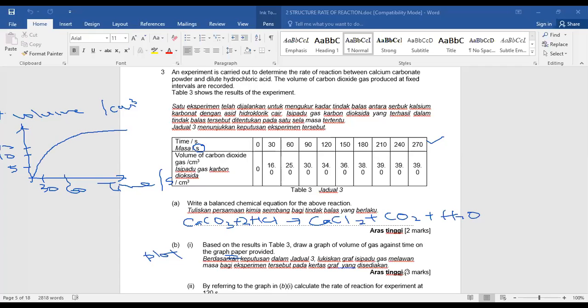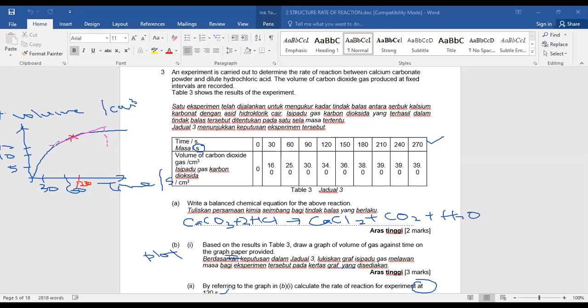Now they want you, by referring to the graph, to calculate the rate of reaction at 120 seconds. Now, at means it is the instantaneous rate of reaction. Therefore, let's say this is 120 seconds. This is the point. So you are going to draw a tangent that touches this point only.